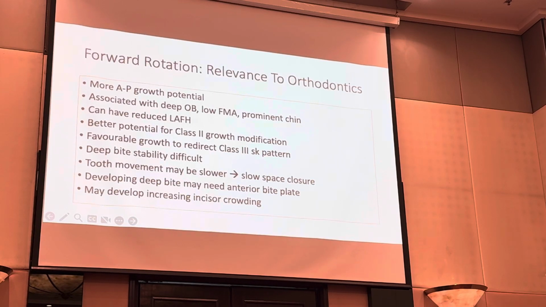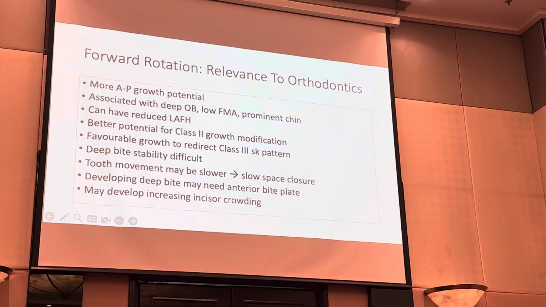Why? Two different growth rotations. If I have a patient with a forward growth rotation and another patient with a backward growth rotation, the outcome will be very different. Patients with forward growth rotation have better AP growth potential, so it will help us for class 2 type of cases.